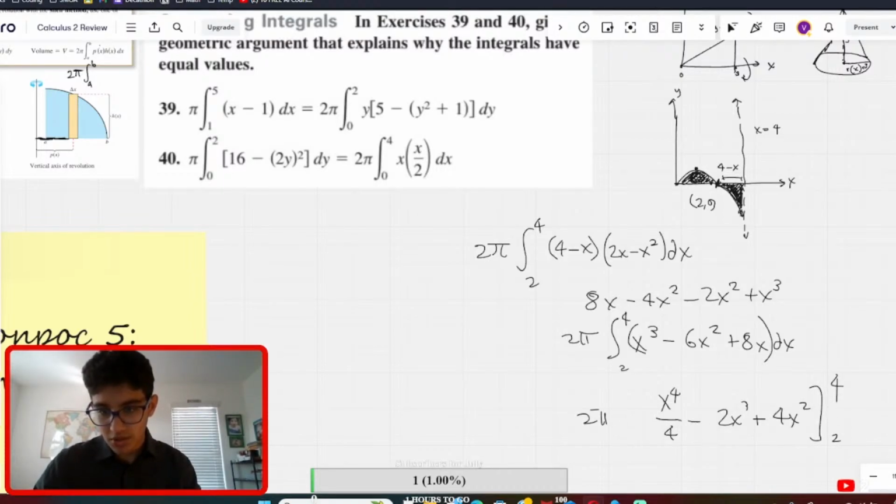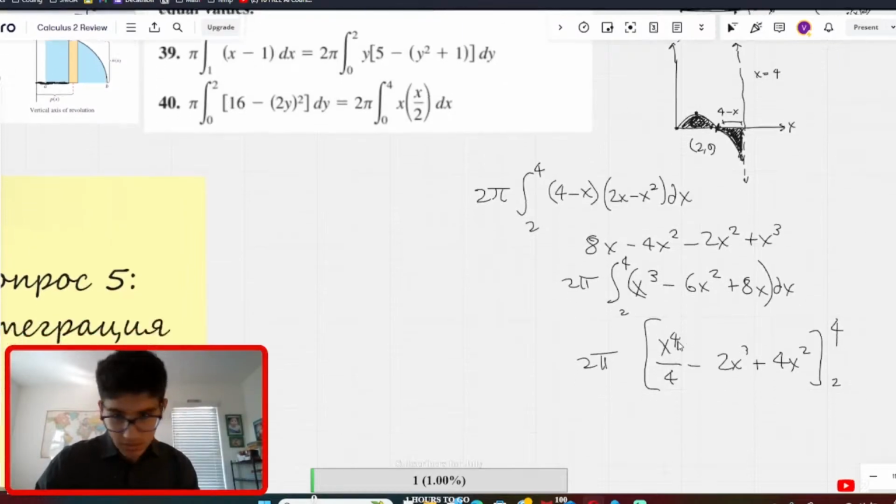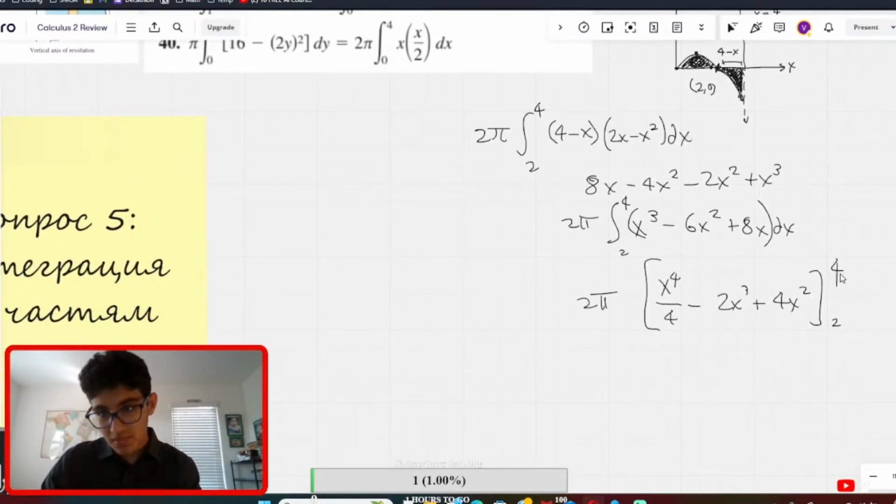And then you multiply it by 2 pi. Okay, so it's a bit long here. x to the 4th over 4 will become 64 minus 128 plus, again, plus 64. Unless I'm messing it up somewhere.